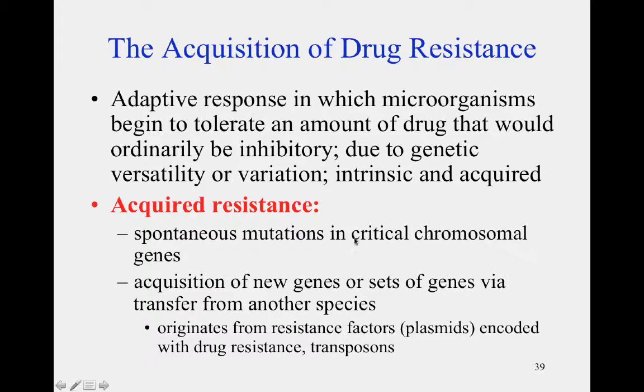It says spontaneous mutations in critical chromosome genes or acquisitions of new genes. So yes, spontaneous mutations can occur. This is more of the rare side of cases. The typical way in which antibiotic resistance is seen to evolve in bacteria is the acquisition of genes from the environment. And so there's three ways here.